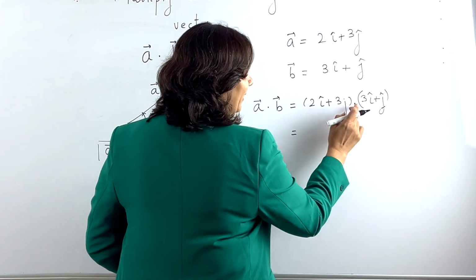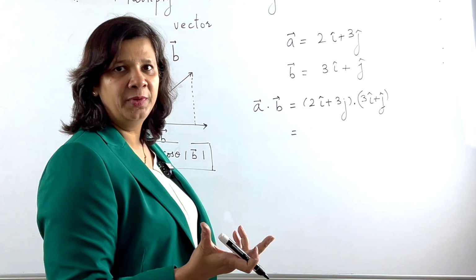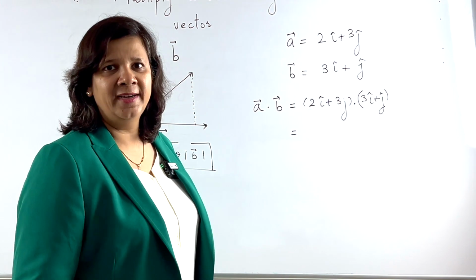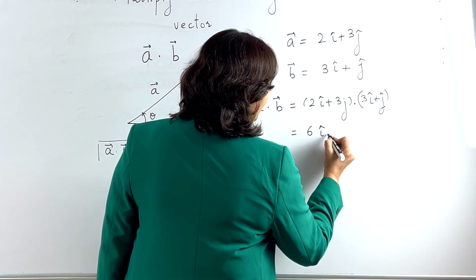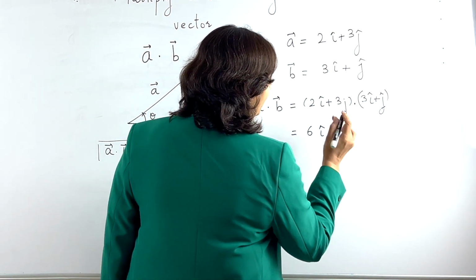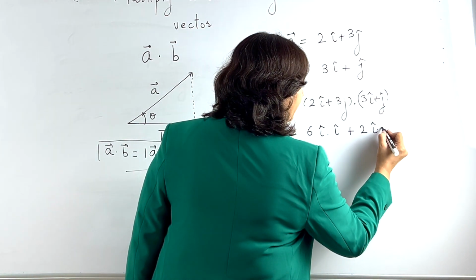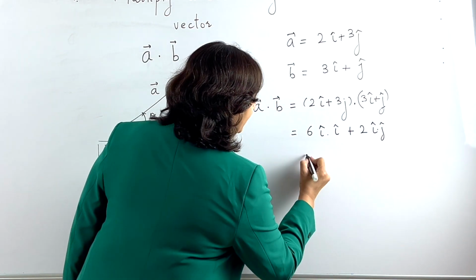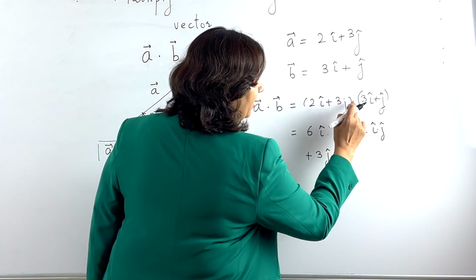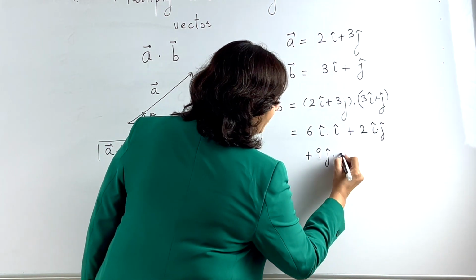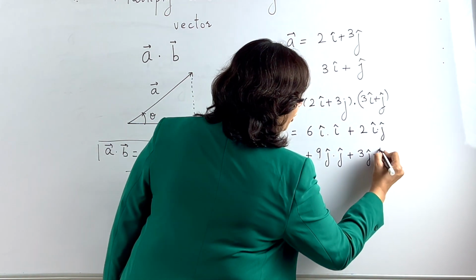Okay, so here 2 into 3, 2 and 3 are numbers, so that will become 6. So basically I am using the distributive law, which is a part of the definition of dot product. Okay, so 6 i hat dot i hat plus 2 i hat dot j hat plus 3 into 3, which will be 9, j hat dot j hat, plus 3 j hat dot i hat.